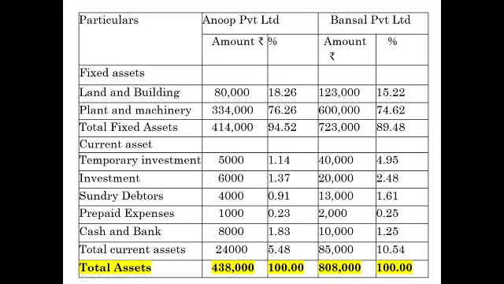I think the difference is nearly 5%. Similarly, for temporary investment in Bansal Limited, they are having 4%. Next, investment is 2.4%. Sundry debtors, they are having 1%. So compared to Anup Limited, nearly they are having 1.6% like that.